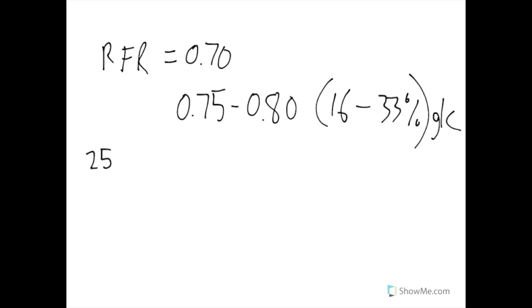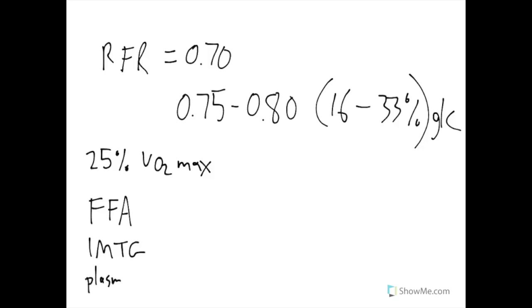Now, if we begin to exercise, for example, at about 25% of our theoretical maximal exercise state, which you can represent as our VO2 max, we are primarily using fat in the form of free fatty acids, intramuscular triglycerides, and a little bit of the circulating plasma glucose.